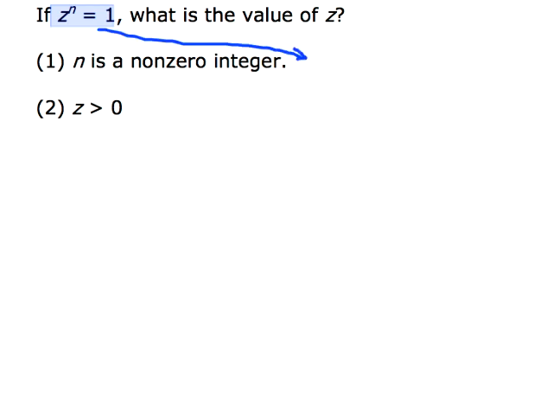But when you think of this, this should speak to you. I mean, it's not really going to talk, but if it could talk, it would be like, how can this happen? So, what are some ways in which you can raise a thing to another thing and get 1? List some possibilities.